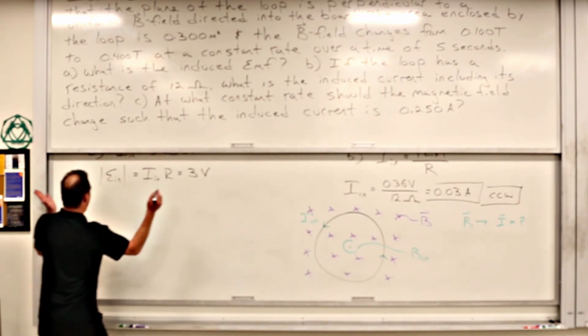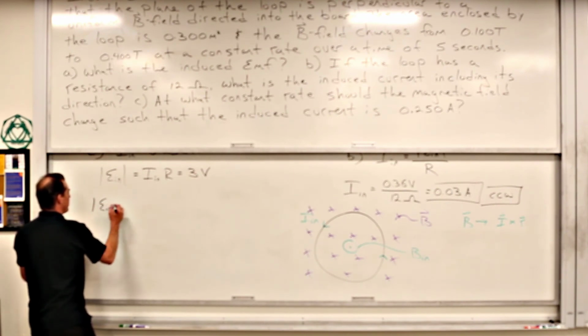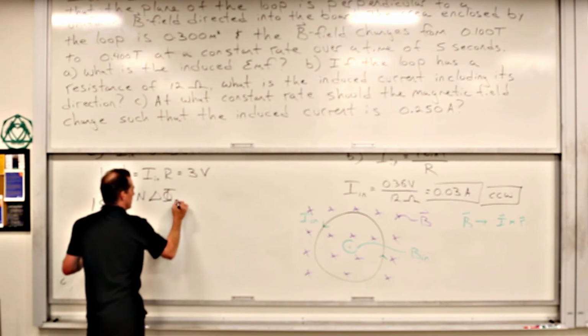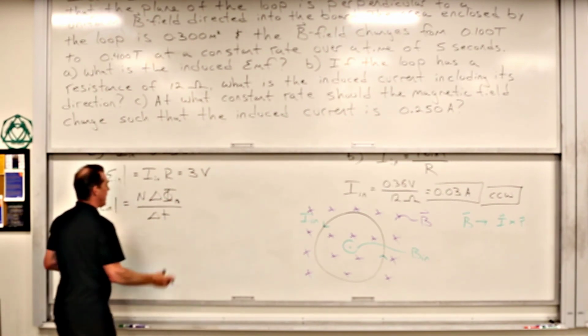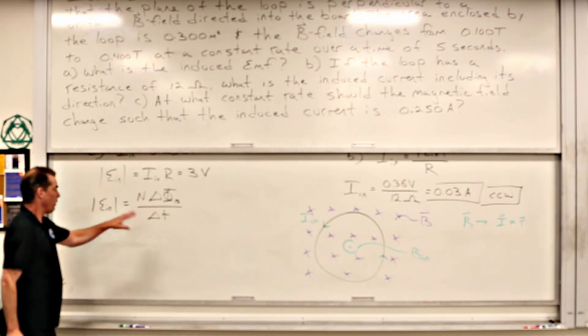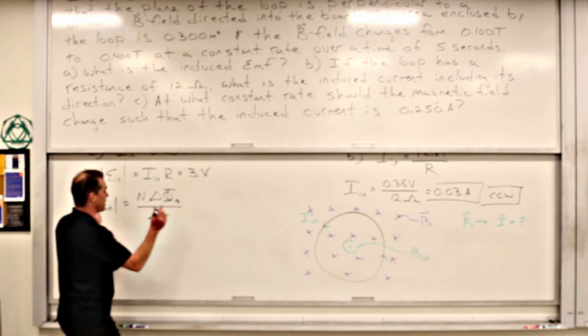So we go back to Faraday's law of induction. For this constant rate of change, N delta phi sub B over delta T, and then we can open this up a little bit.